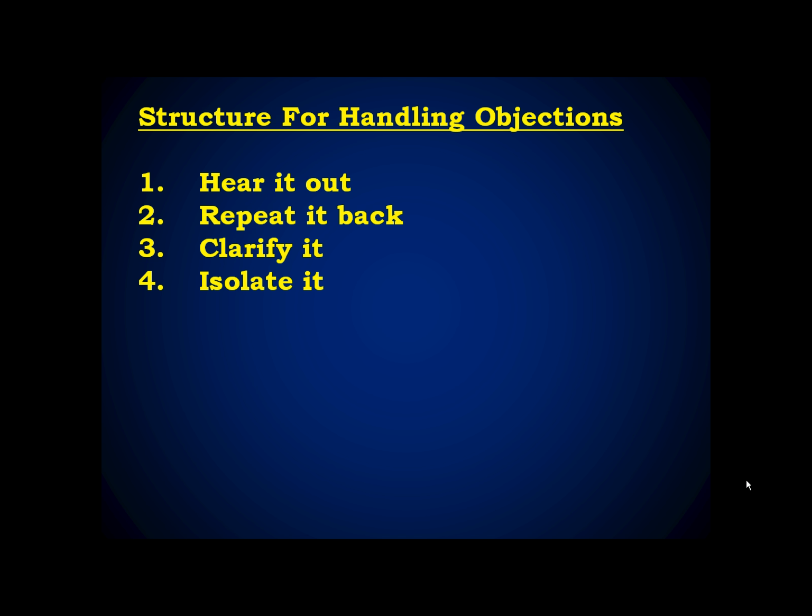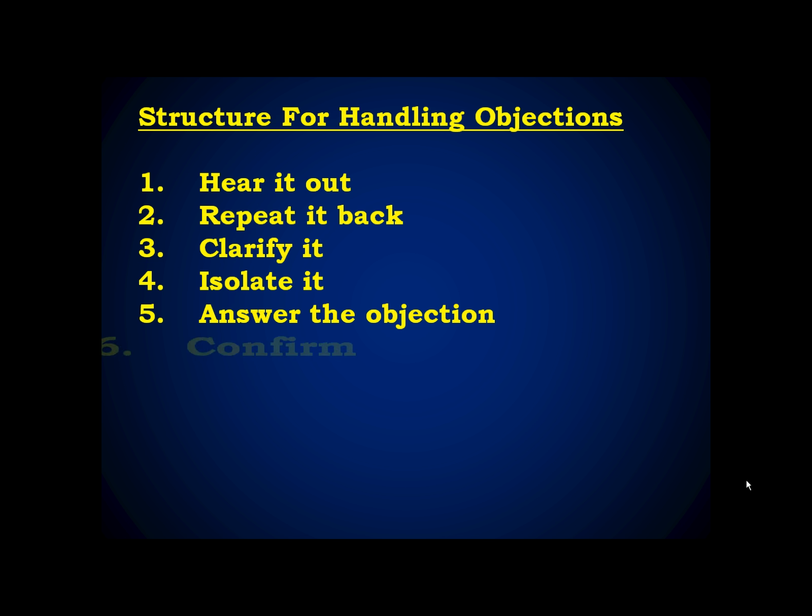So the next step is to answer the objection. And right now on this video tutorial, what we're doing is we're going through the structure. Watch out for another video presentation where we go through the different methods of answering the objection. So you answer the objection with the response that you've practiced, and the next step is you confirm the objection.